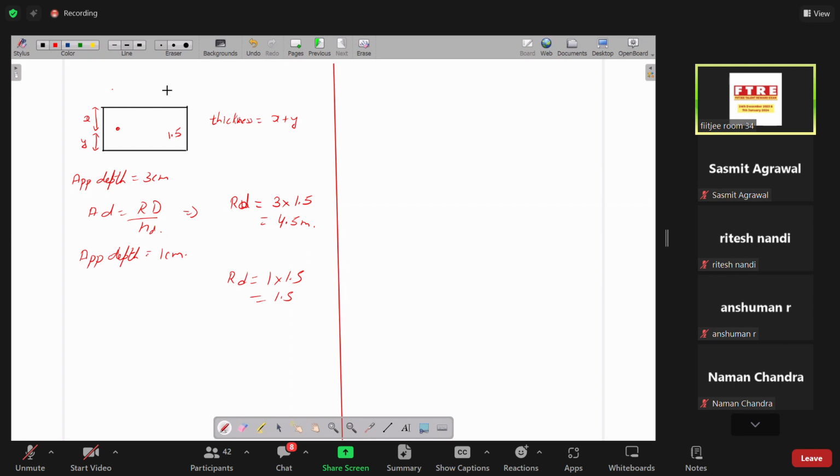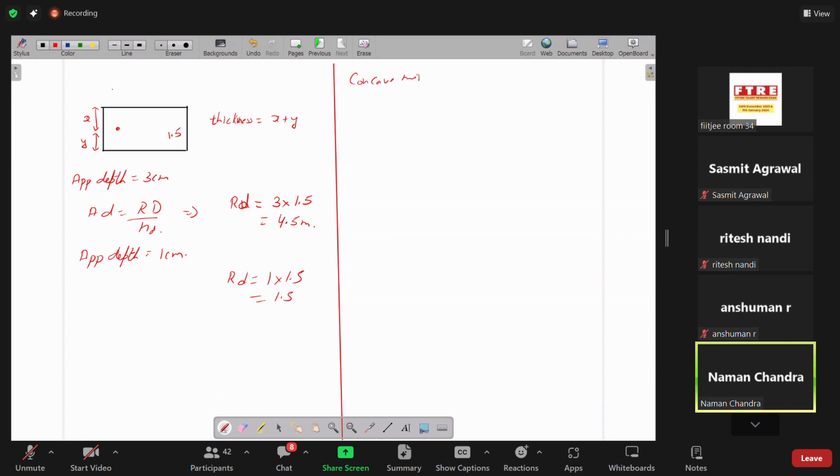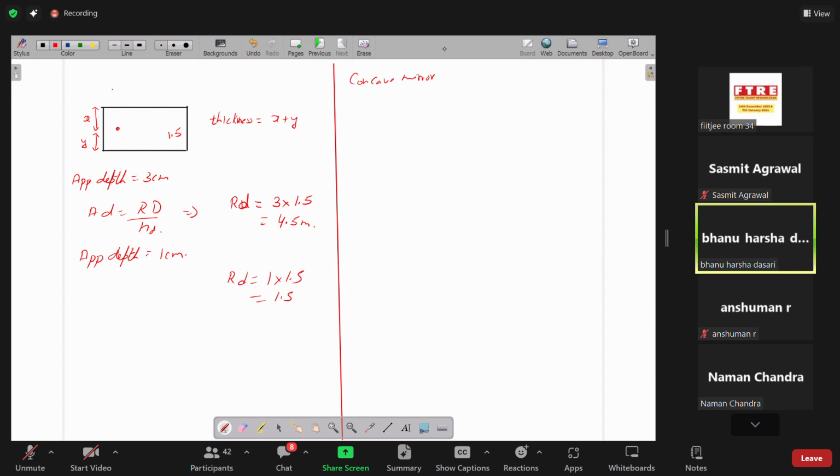Can you repeat it again, one by one? Concave mirror, I'll just write down the main points. Initial object distance is x. You have to find the focal length.